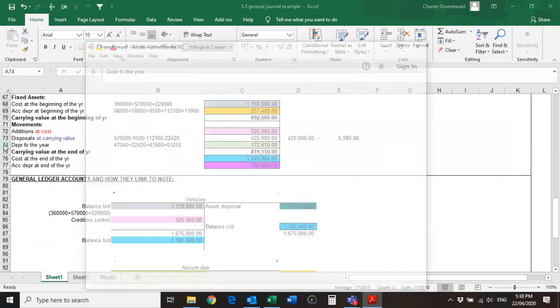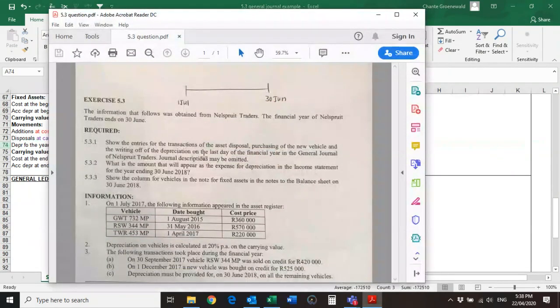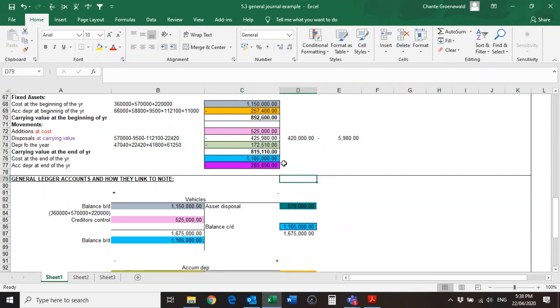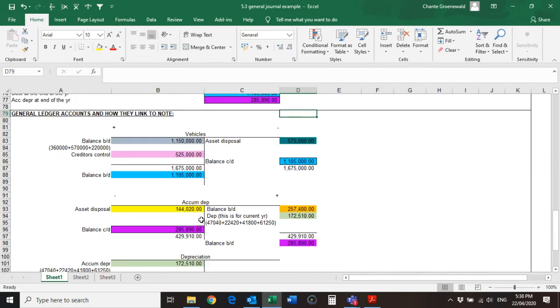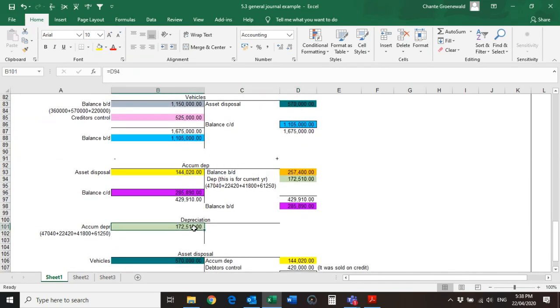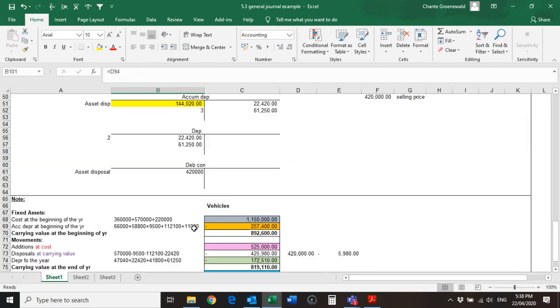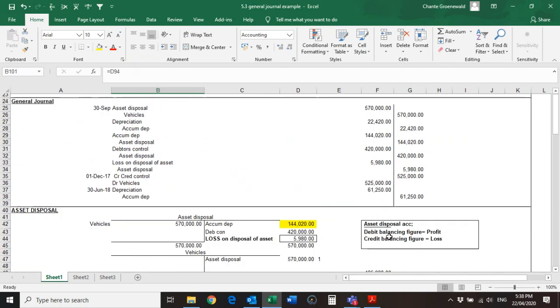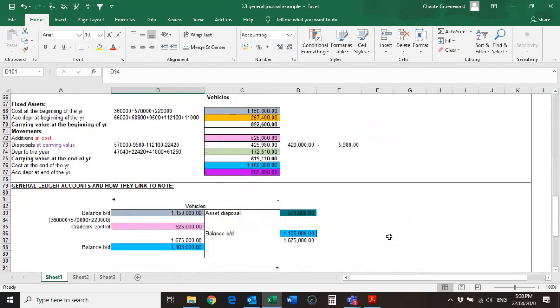It says account for what would the expense appear for depreciation in my statement of income. It would be this amount, 172,510, and it's all my depreciation that I've written off during the year for all the assets that I have. That's important. So that's why there's that green one. It gets taken into account there. It's from all of these assets that I had, including my new vehicle. Okay, good. Right, let's move on.